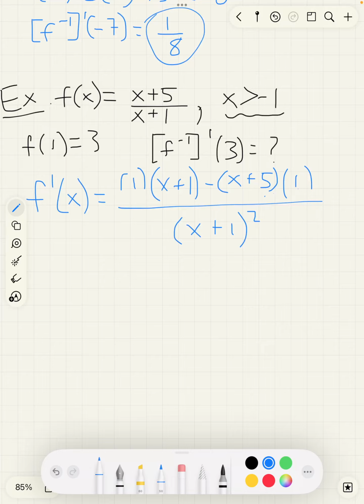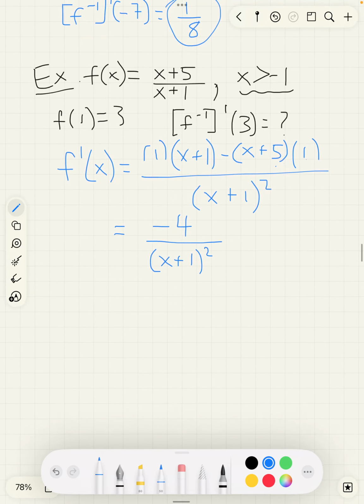So if I do a little bit of distributing and rearranging, and if you need to, you can pause the video and see that you come up with the same thing, you end up with -4 over x plus 1 squared.